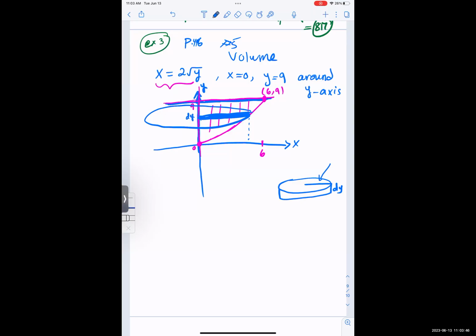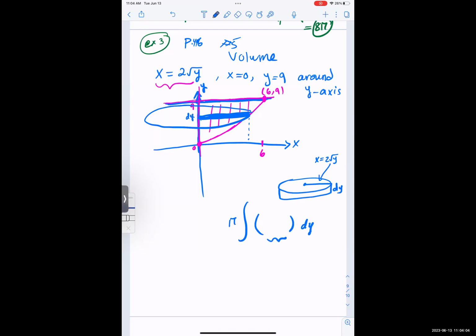The inside has to be in terms of y for my integral, so it has to be x equal to 2 radical y.